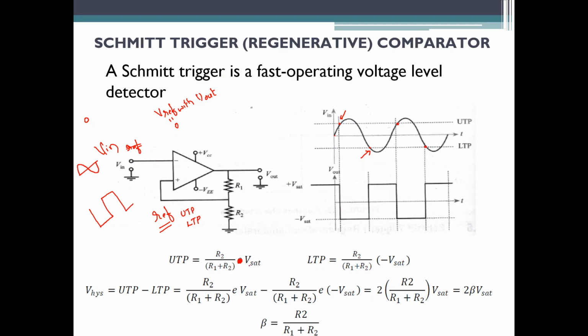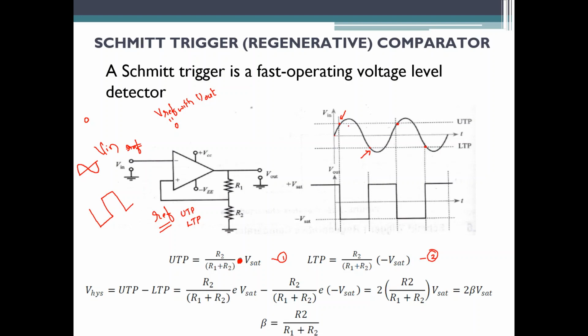The voltage present during the upper triggering point is V saturation and the voltage present during the lower triggering point is minus V saturation. So these are your two formulas to find the upper triggering point and lower triggering point, which basically give you the hysteresis curve.